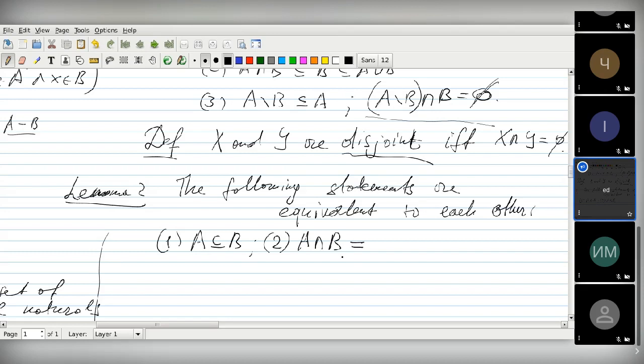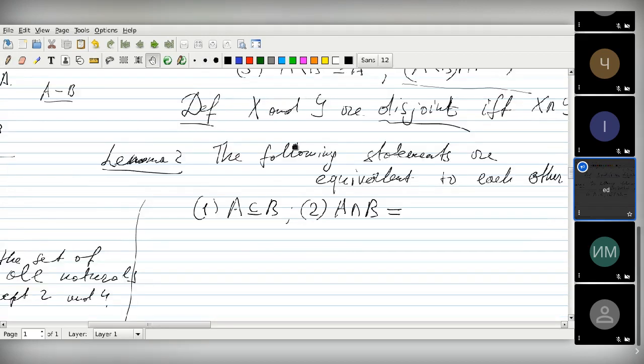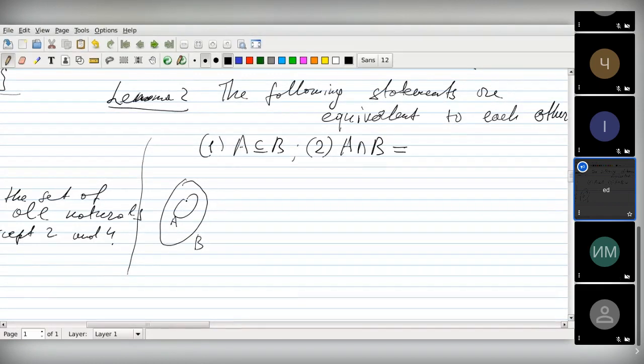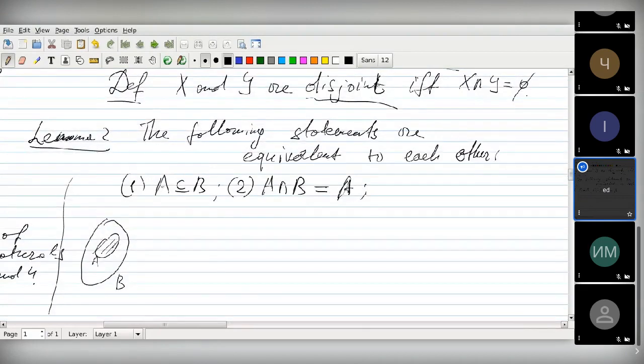What is the intersection of A and B when A is a subset of B? Let's make a diagram, but please notice that a diagram proves nothing. What is the intersection this way? It's A. Of course. And I want to prove that this condition is equivalent to this one.